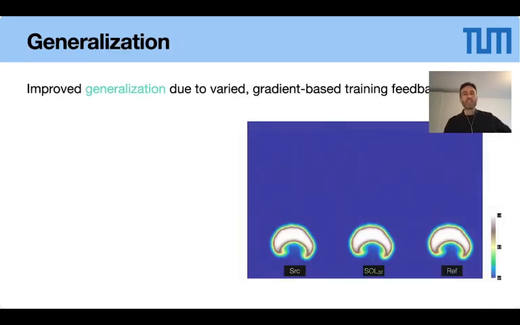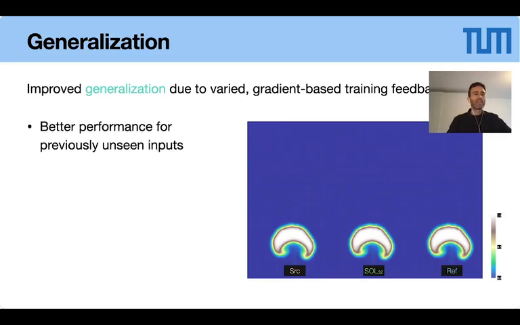Also, one of the key advantages of training with differentiable simulators is typically that we get better generalization. So in a way, being able to evaluate the solver and provide gradients from the simulated trajectories can provide better performance for unseen inputs, most likely because we actually train with more varied data than with a restricted set of pre-computed ones.